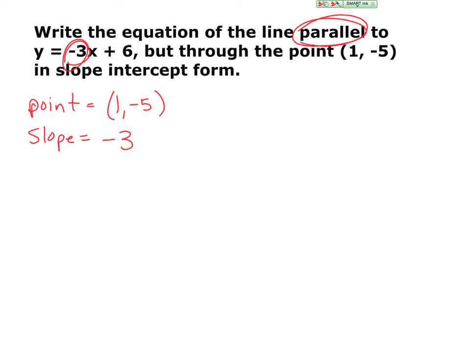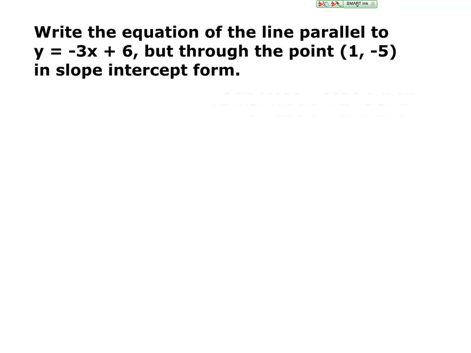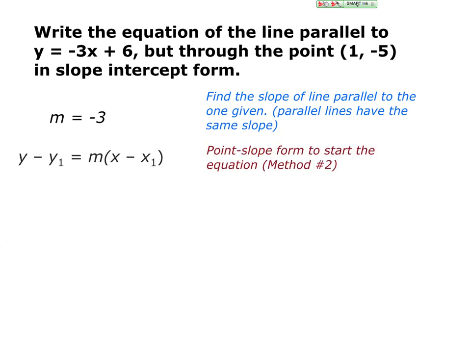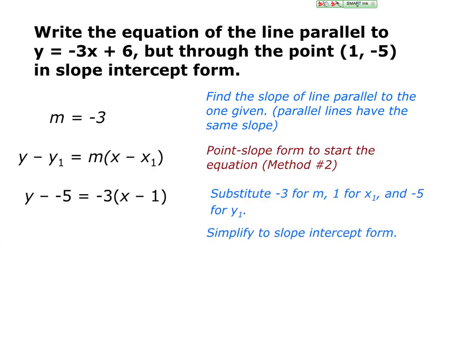Is that right? That's what I got. Did you have minus -5? Yeah, and then subtract 5. Okay, I think we're questioning a little bit what that last b value should come out to be. And I've got y equals -3x minus 2.